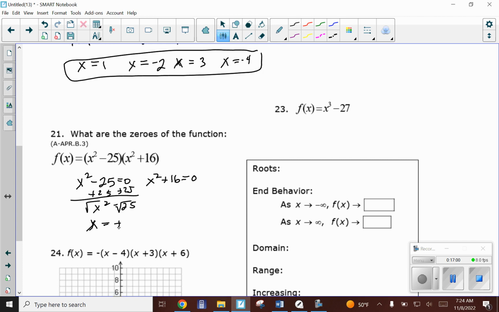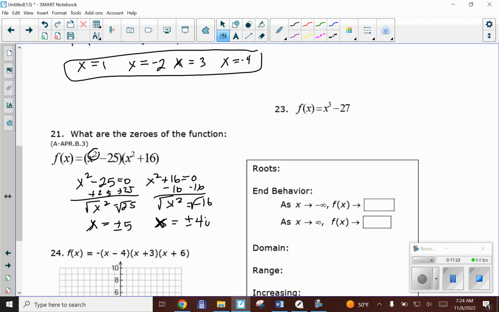So we're going to have plus or minus 5, and then I'm going to subtract 16 from both sides. So I have x squared equals minus 16, and then I'm going to square root this. So we talked about how to fix a negative inside of your square root. It's just going to become an I. So the square root of 16 is plus or minus 4 with an I attached to it.